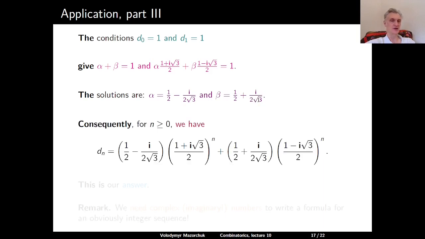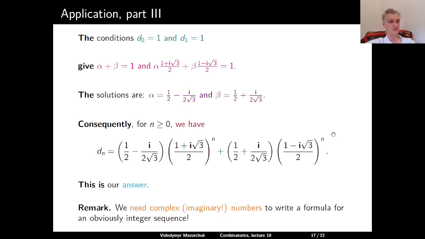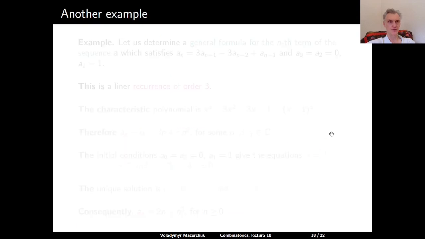And so for n greater than or equal to 0, dn is given by the following expression: 1/2 minus i divided by 2 square roots of 3, times (1 plus i square root of 3 divided by 2) to the power n, plus 1/2 plus i divided by 2 square roots of 3 times (1 minus i square root of 3 divided by 2) to the power n. And that's our answer. And again, it's important to emphasize that we need complex numbers to write this formula.